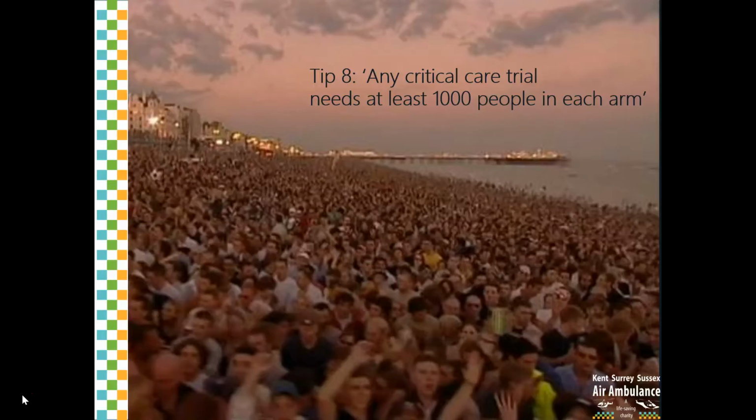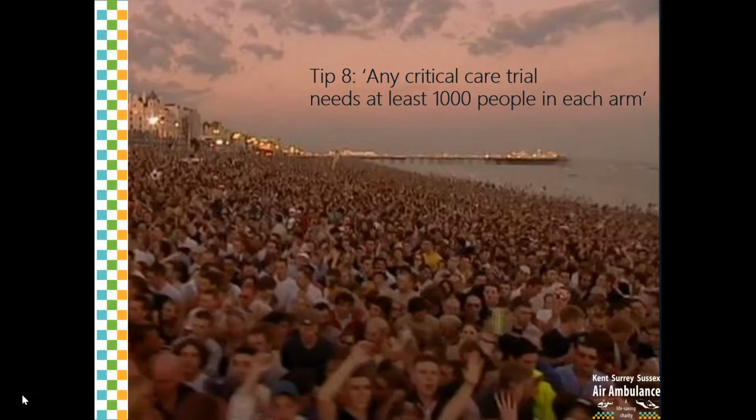The big drops in mortality, the low-hanging fruit or silver bullets, have almost certainly already gone. So we shouldn't expect in critical care any drop in mortality from a new intervention that's bigger than 4 or 5%. Drops bigger than that, personally, I'm a bit suspicious about.